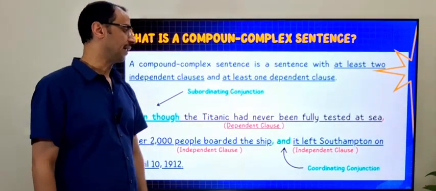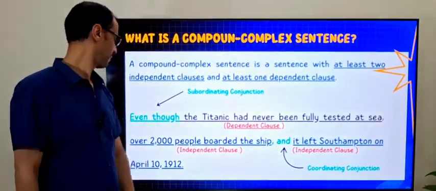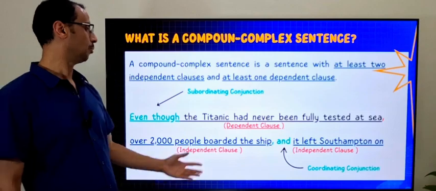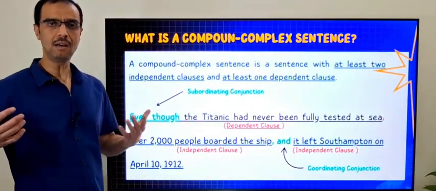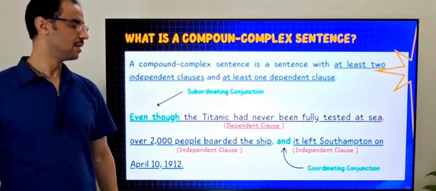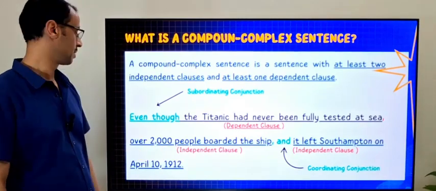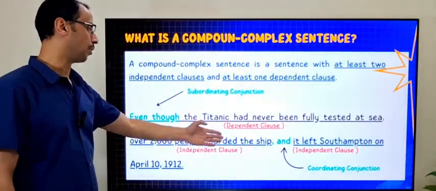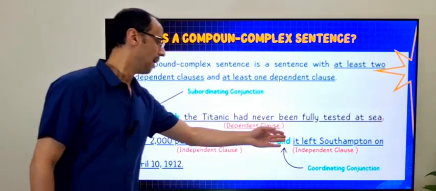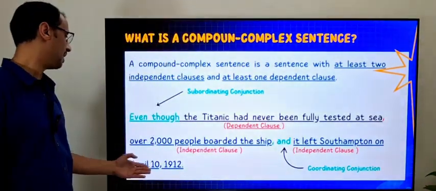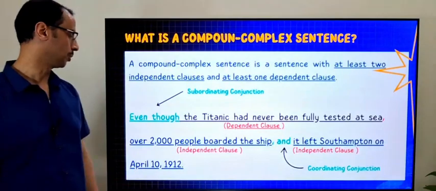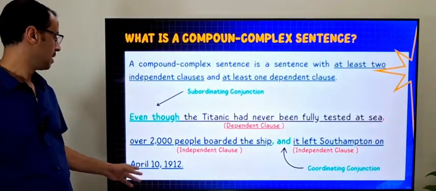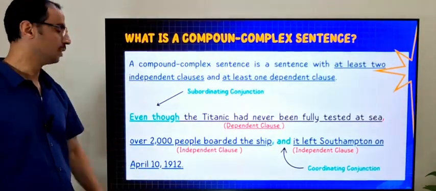So, over 2,000 people boarded the ship. This piece by itself can be a simple sentence, right? So this is an independent clause. And also this one, it left Southampton on April 10, 1912.